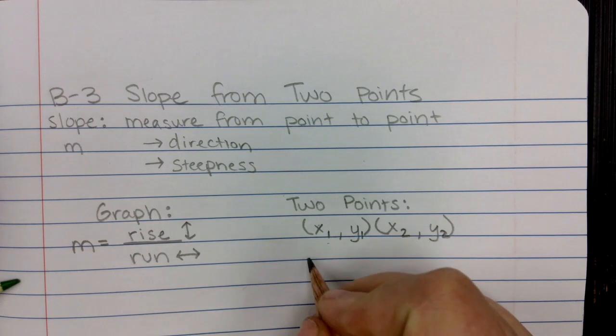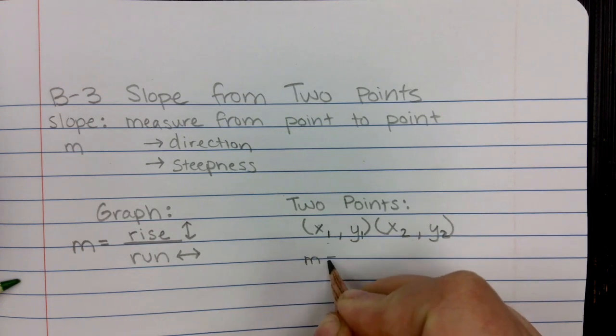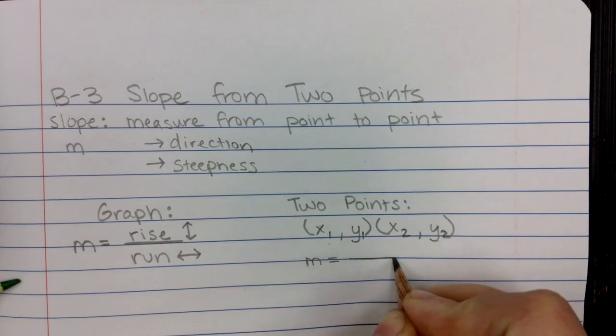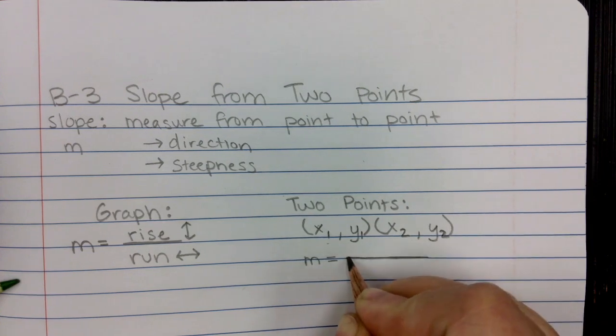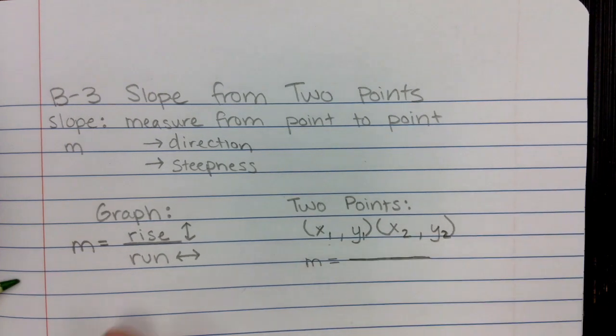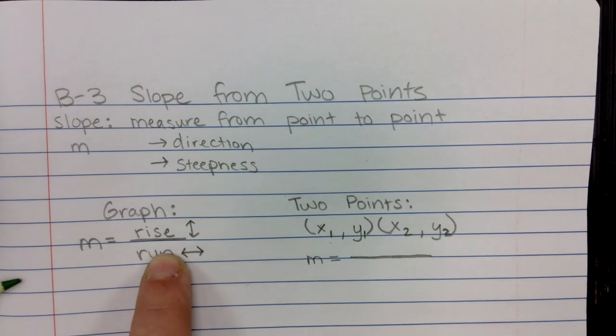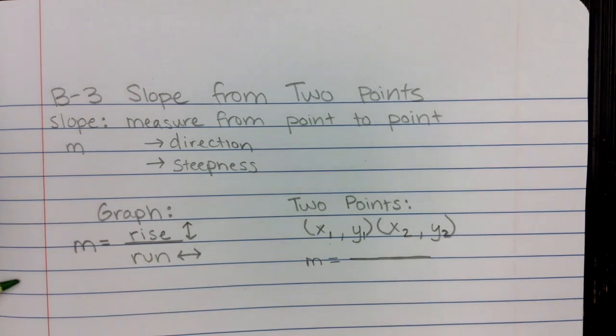When we did the graph, we did rise first, and rise was our up and down. Which number is the up and down on a graph, the X's or the Y's? The Y's. And to find that distance, remember when we did that with the height, or with those blocks in the warm-up? We usually start at our ending point and subtract our beginning. The second point is our ending point, like we name it second.